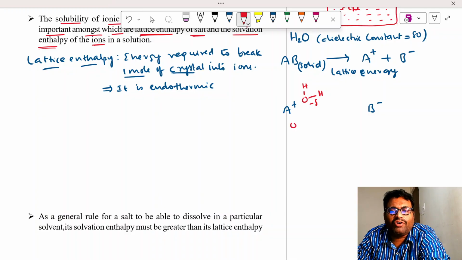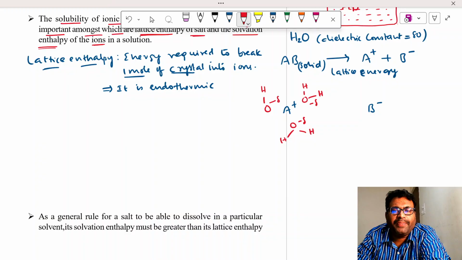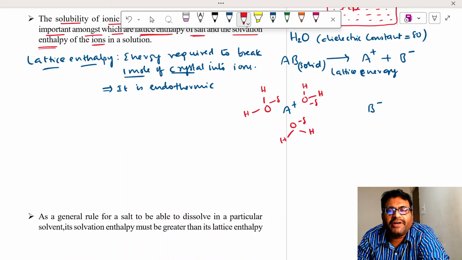In the same way, water surrounds the other ion. This surrounding of an ion by water is called solvation.